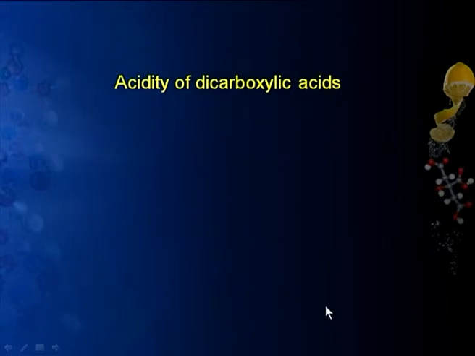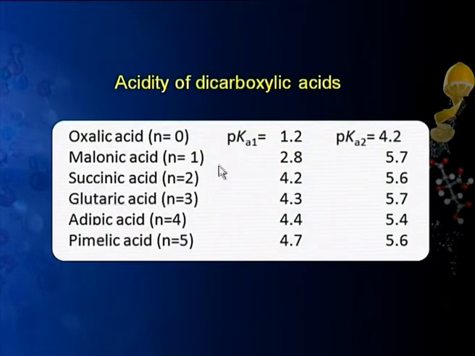The acidic strength in terms of pKa for various dicarboxylic acids are listed here, such as when there is no intervening carbon between the two carboxylic acids like oxalic acid, its first dissociation pKa1 value is 1.2, and the second pKa is 4.2. I think you remember that the lower the pKa value, the stronger is the acid.